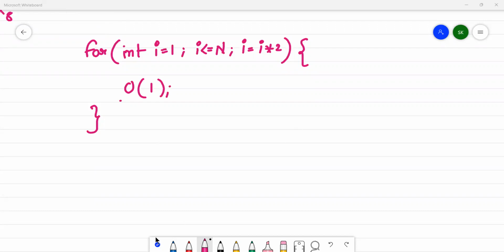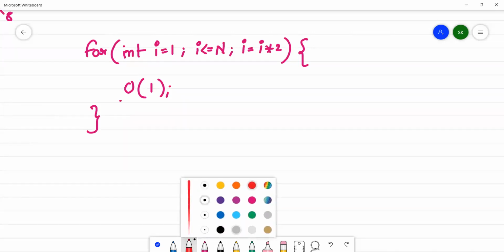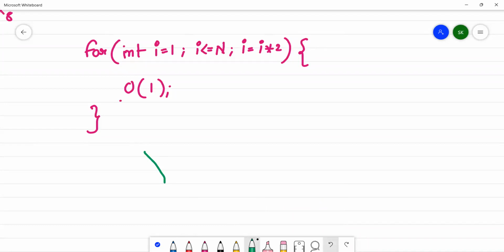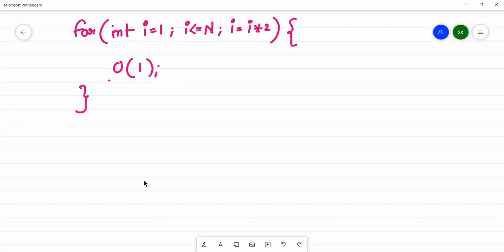I am expecting everyone to try this, and you all know that order of n and order of n by 2 is almost the same. Nothing changed. Let's see the execution of this particular program, and we will notice what the time complexity is.